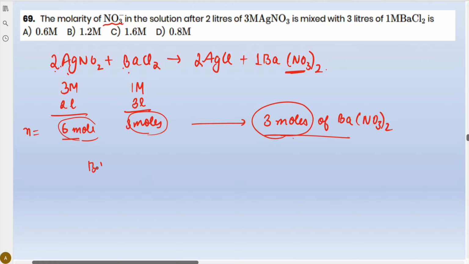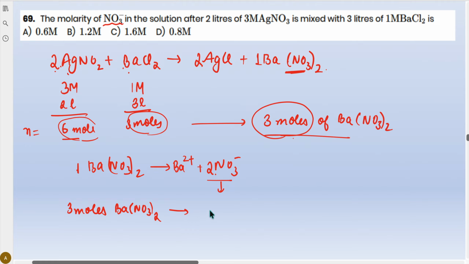Now see, 1 mole of barium nitrate gives how many moles of nitrate ions? 1 mole of barium nitrate will give you 2 moles of nitrate ions. So 1 mole gives 2 moles; 3 moles will give you how many? 3 moles of barium nitrate will give you 6 moles of nitrate ions.